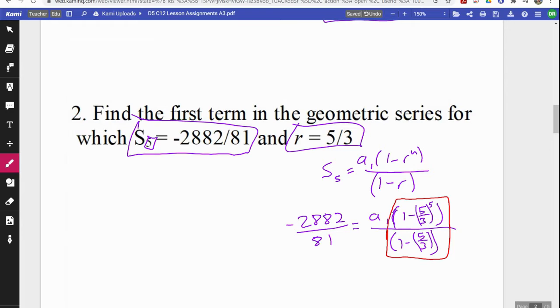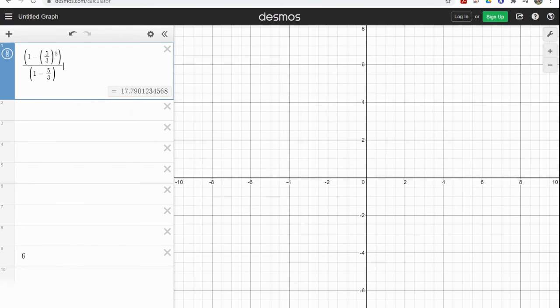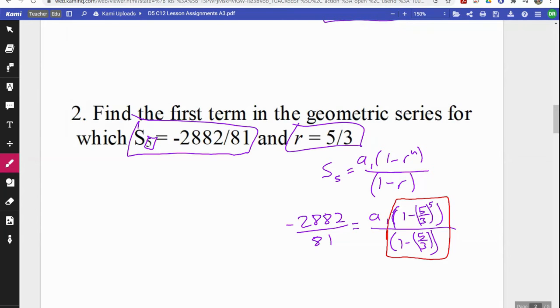So we just compare this to what we have. Notice that I typed all this stuff in, and that number that I get from Desmos is just 17.79, whatever. That's times a sub 1. So let's take it a step farther and say if I wanted to get a sub 1 by itself, 17 point blah blah blah, we have to divide both sides by 17, and then a whole bunch of stuff.